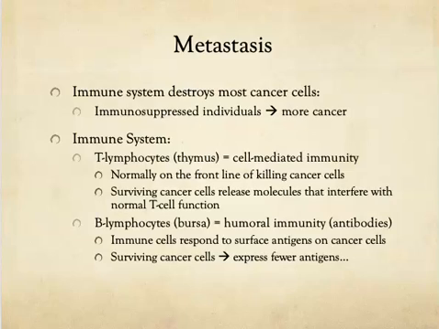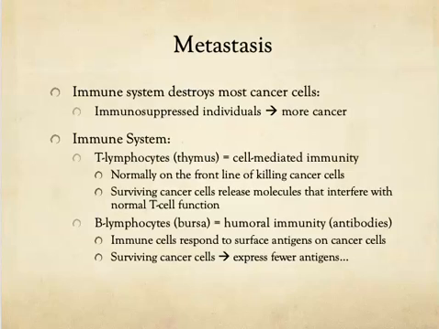Remember, the immune system is going to destroy a lot of these cells. The immune system exists not only in the blood and in the lymph, but also in normal, healthy tissue. How do we know about the role of the immune system in preventing most cancers? Well, we know that people who are immune suppressed, and I mean severely immune suppressed, develop more cancers overall.